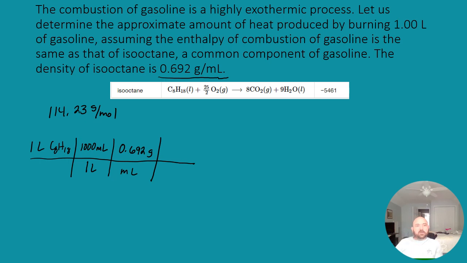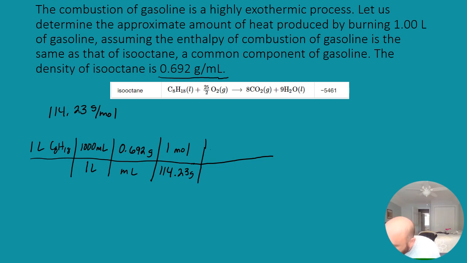Now that would leave us with grams of isooctane. So we want to get rid of the grams and figure out how many moles that is. We would say 1 mole of isooctane is approximately 114.23 grams of isooctane. Now we can see from the problem that 1 mole of isooctane gives us approximately 5,461 joules of energy.